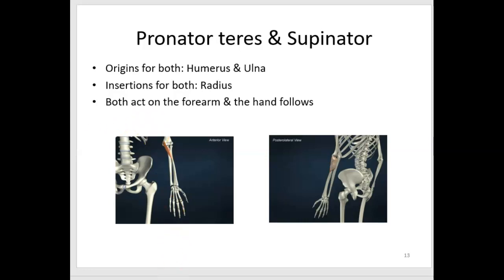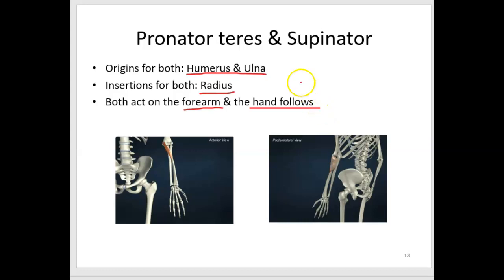Okay, the last two muscles that we have for this week are the pronator teres and the supinator. They both originate on the humerus and the ulna, and they both insert on the radius. Both act on the forearm, and the hand will just sort of follow with the forearm, so they kind of act at the wrist too.